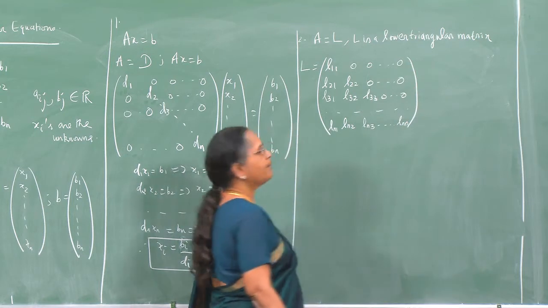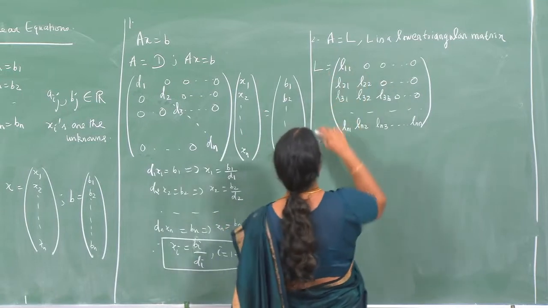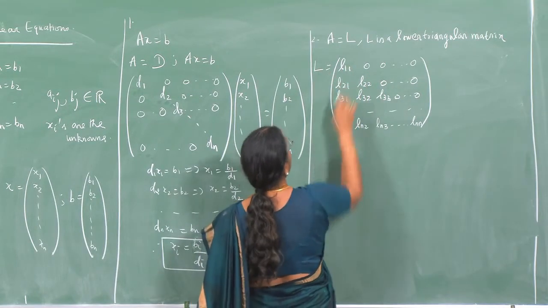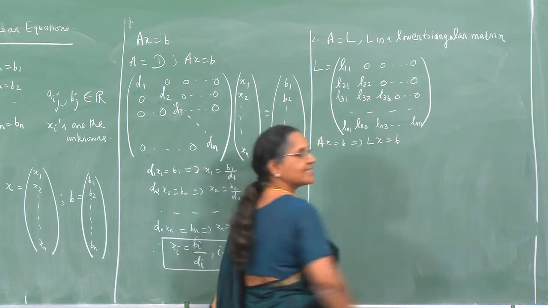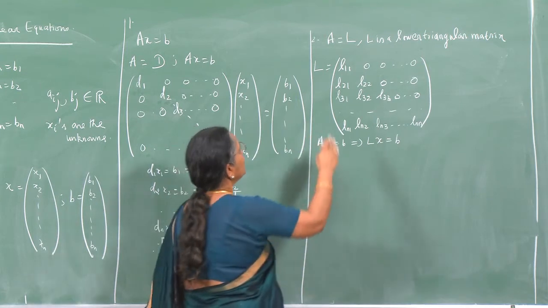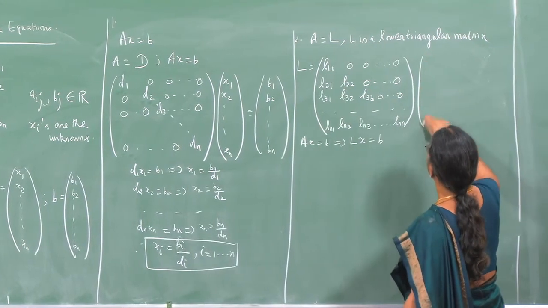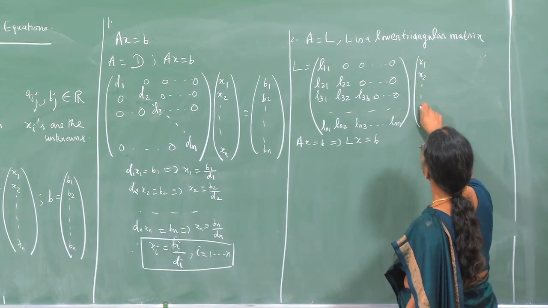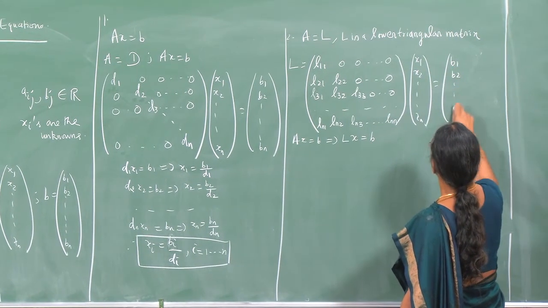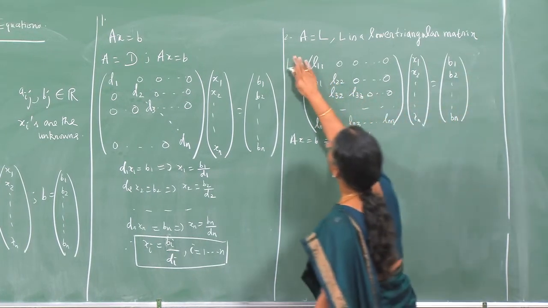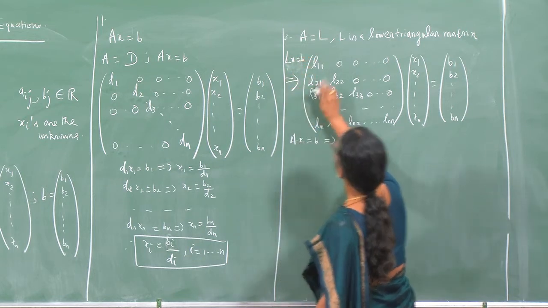So, this is your matrix A. It is a lower triangular matrix. So, I have to solve the system Ax is equal to B, or in other words I have to solve the system Lx equal to B. So, that will give me this L multiplied by the column vector x1, x2, etc., xn to be equated to the vector b1, b2, etc., bn. So, my system is Lx is equal to B, and it is written in this form.